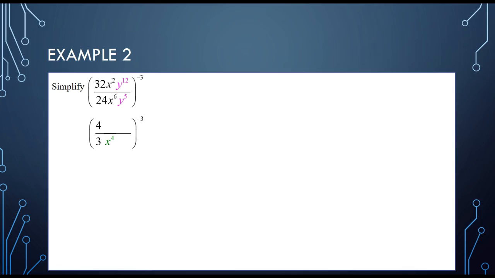The next thing I'm going to focus on is y to the 12th over y to the 5th. Well, using our quotient rule, y to the 12th over y to the 5th is just y to the 7th. Well, let's neaten that up a little bit. And inside my parentheses, we've simplified to 4y to the 7th over 3x to the 4th.